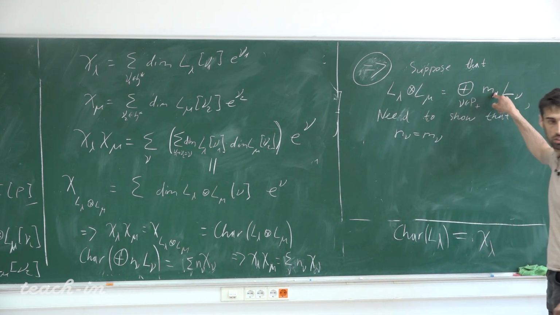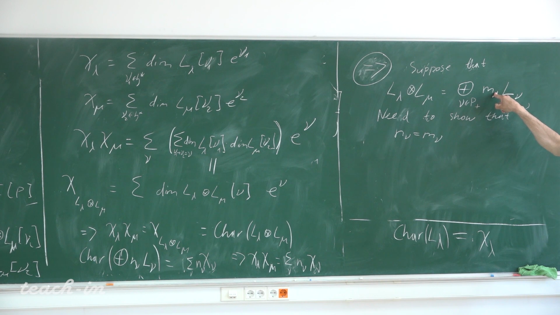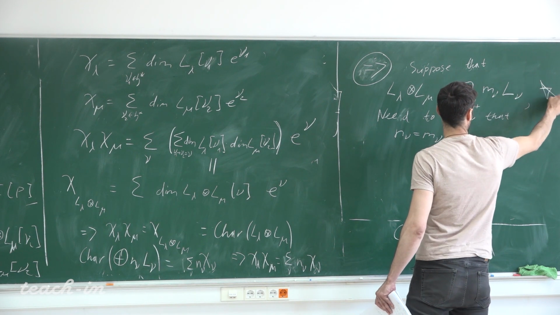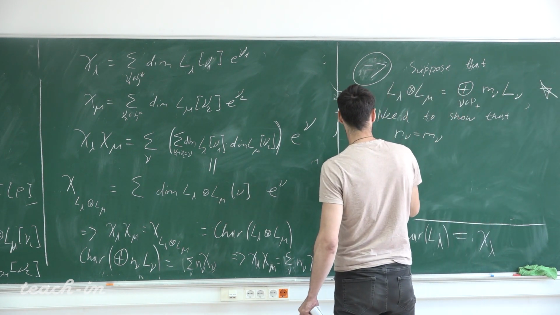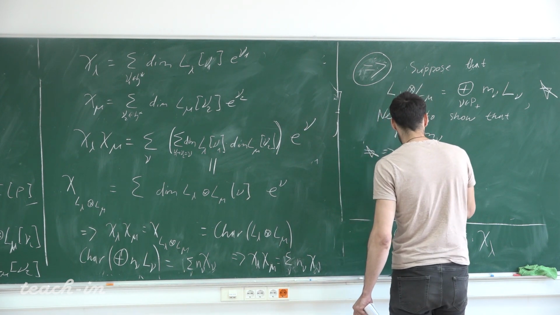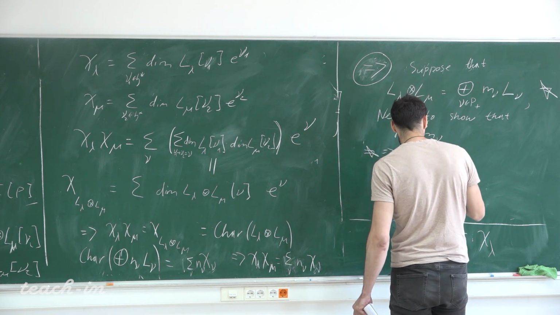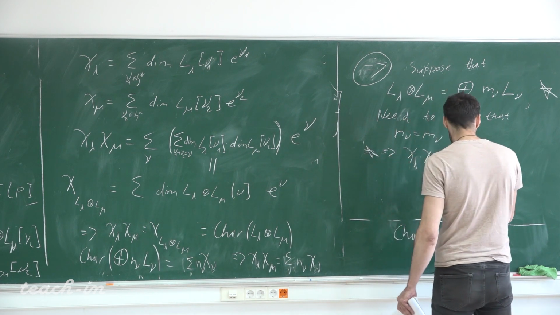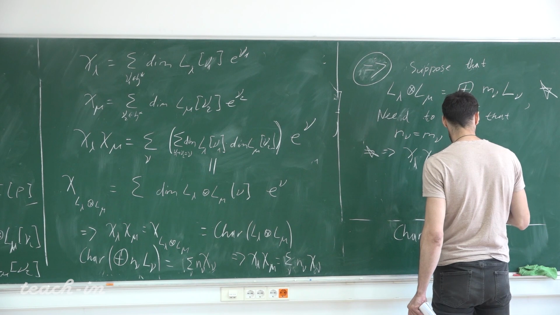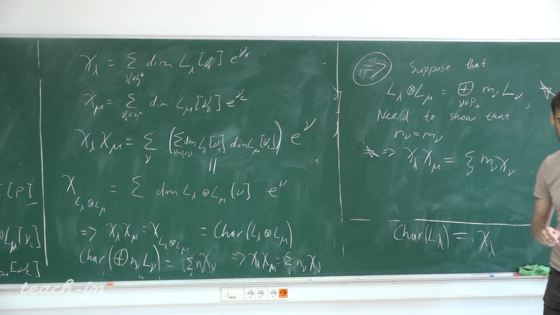But from here, as we showed before, let's call it star, it follows that ch lambda times ch mu equals the sum over nu of m nu ch nu.